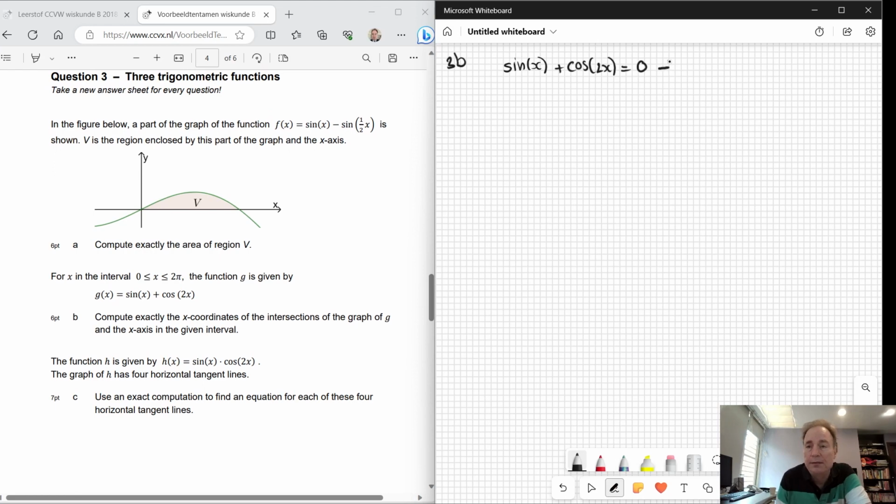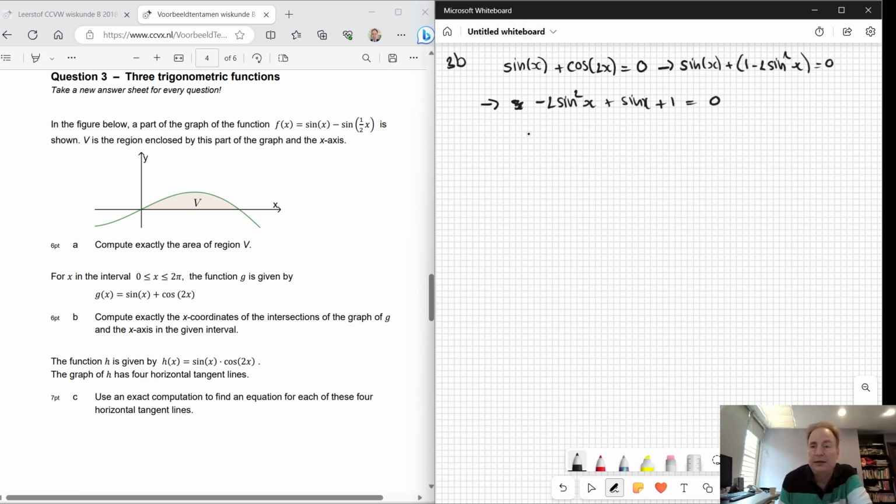So it means the sine of x plus 1 minus 2 times the sine squared of x is 0. And that looks like a quadratic equation in sine. So you get minus 2 times the sine squared of x plus the sine of x plus 1 is equal to 0.